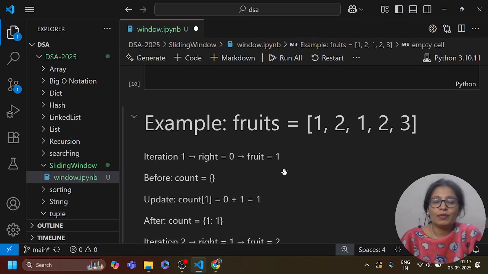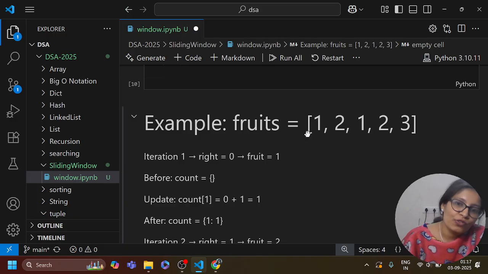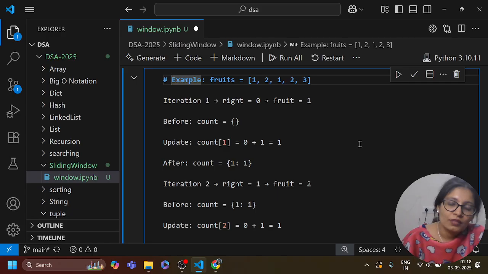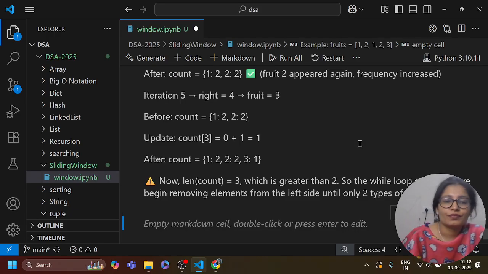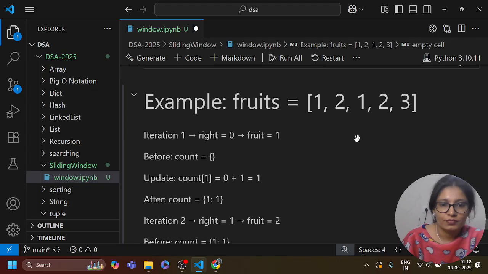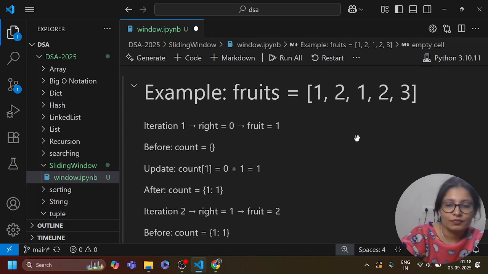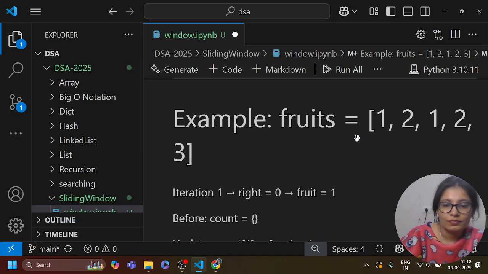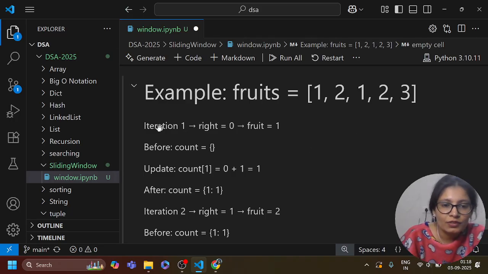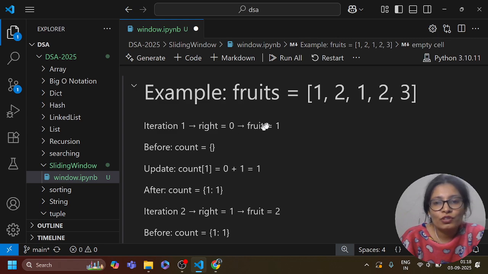So for example, you have fruits 1 2 1 2 3. In iteration first, right equals 0 and fruit equals 1, because this is our 1.